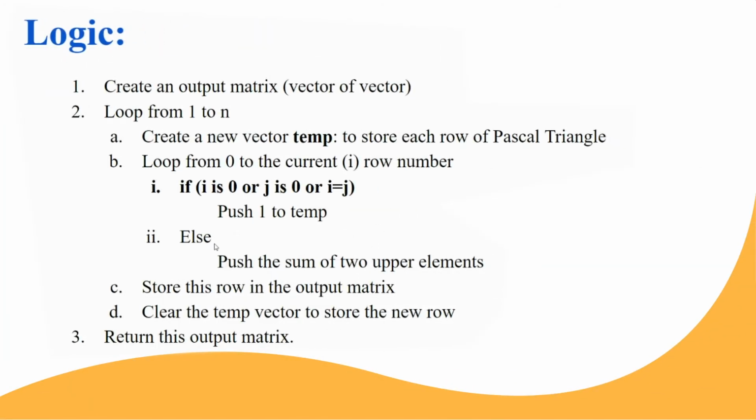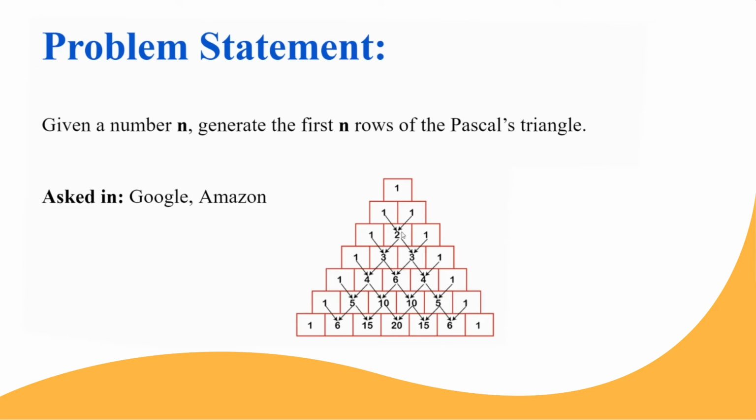Else, as explained here, the number below is just the sum of the previous two diagonal elements. So how do we get the previous two diagonal elements? If the element is a of i j, we just need to move one row above it, that is row i minus 1, and the elements would be j minus 1 and j. Why j minus 1 and j?